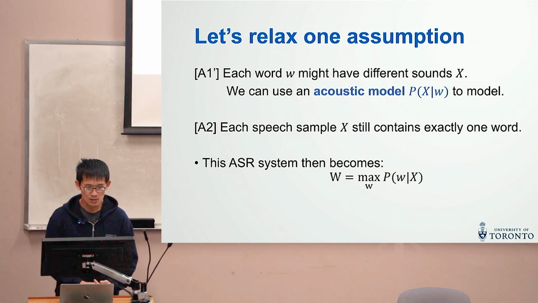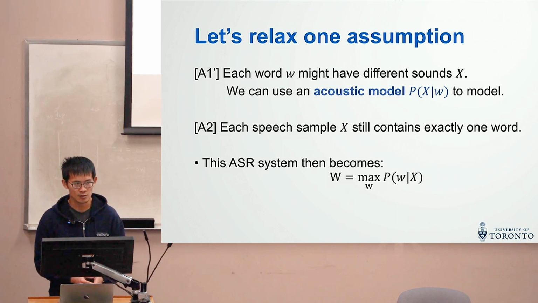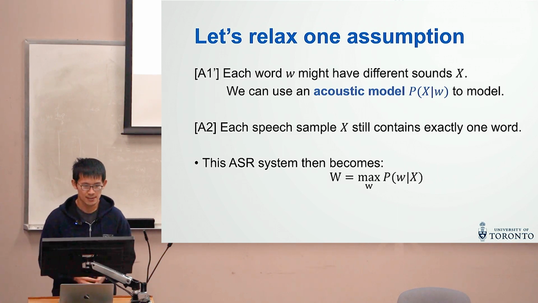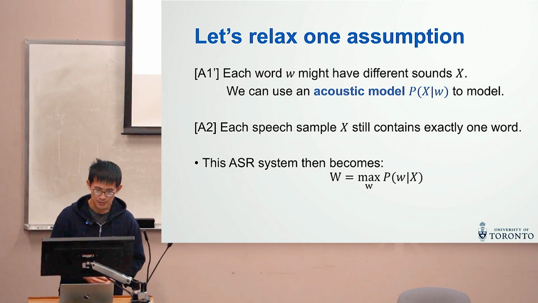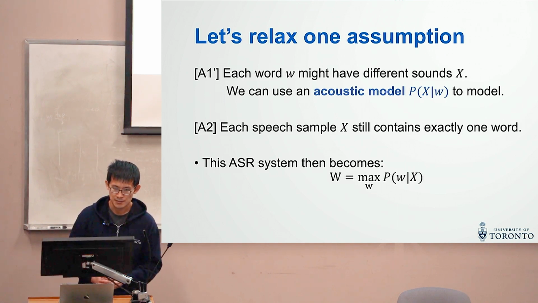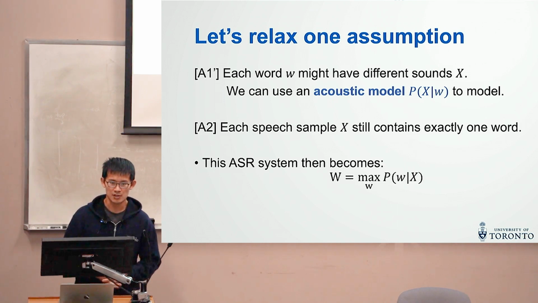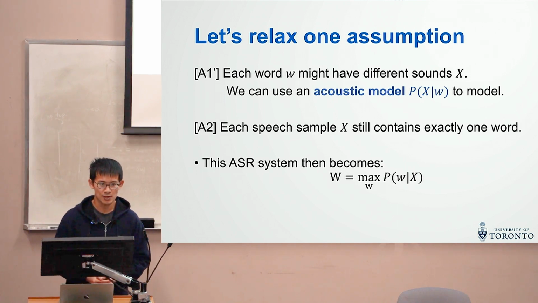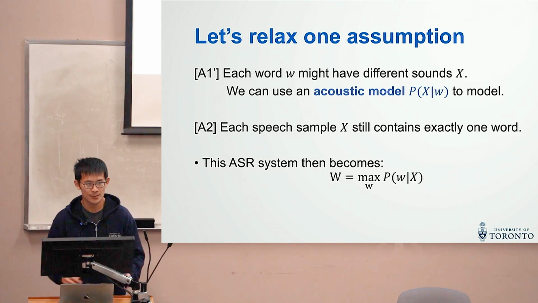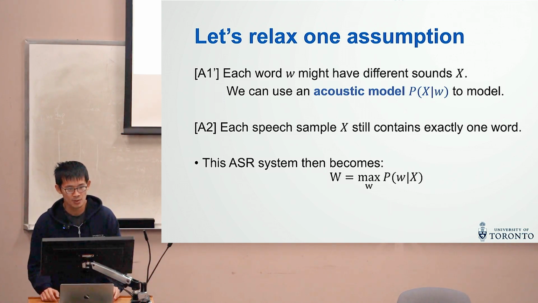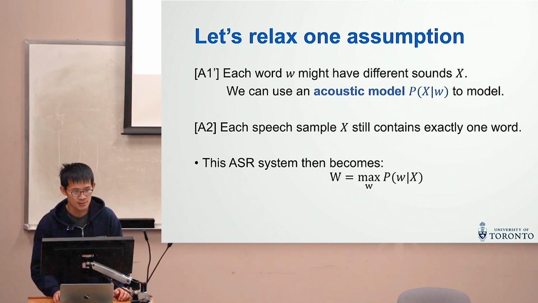We want to find the word in our vocabulary that maximizes the probability of the word given the sound. This is still different from the acoustic model that we have. The acoustic model computes the probability of sound given word, but we want to compute the probability of word given sound. Luckily we have the Bayes theorem.